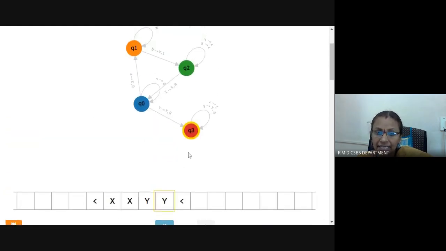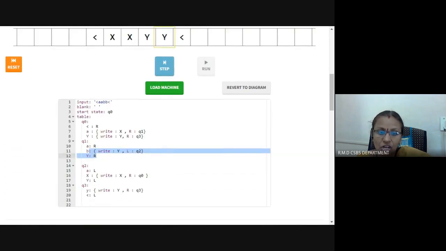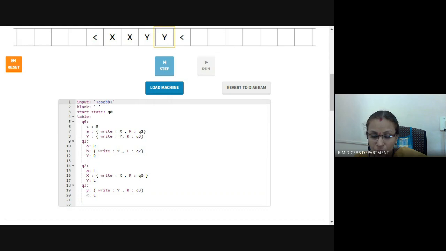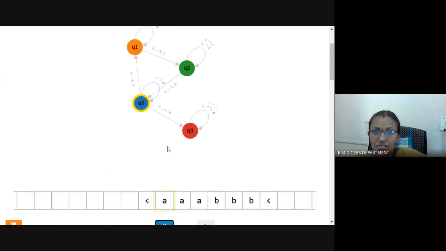So this is our diagrammatic representation for that. Now when you consider aaabbb, if you want to test it, we can. I load the machine, and we have the Turing machine diagram represented. It changes, q1 stays and moves, then changes to q2 and comes back.